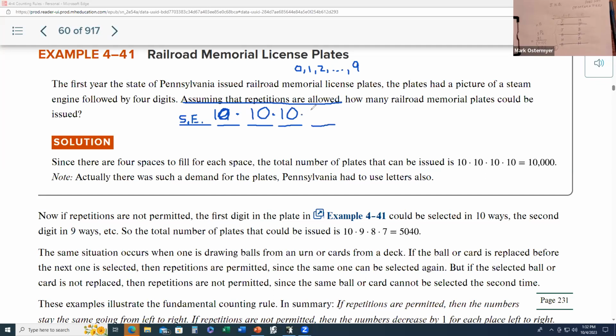Times, the fourth mailbox can be filled 10 ways. So there would be 10 times 10 times 10 times 10, or 10 to the fourth, or 10,000 unique plates that can be issued.